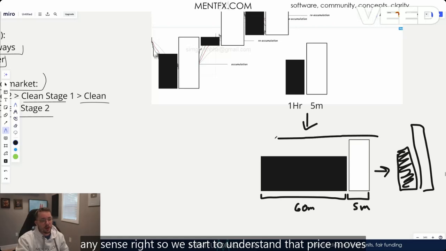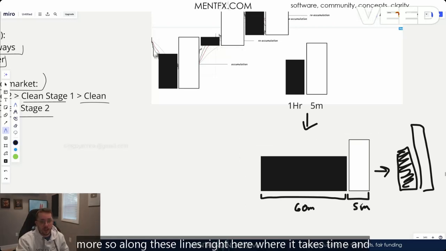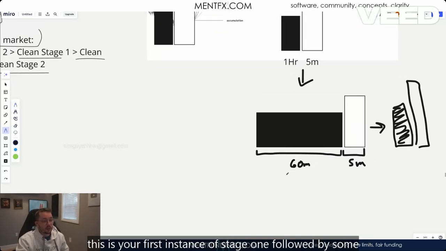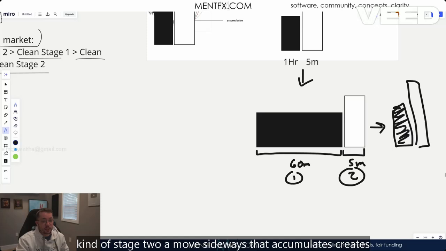So we start to understand that price moves more so along these lines right here, where it takes time. And this is your first instance of a stage 1 followed by some kind of stage 2.